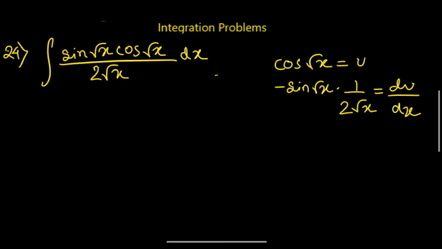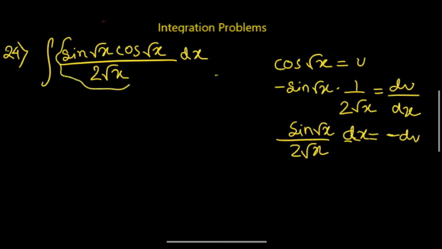So what it gives is sin root x by 2 root x dx is equal to minus dv only. So we get this term and this term out of the question, and we substitute them with minus dv only.